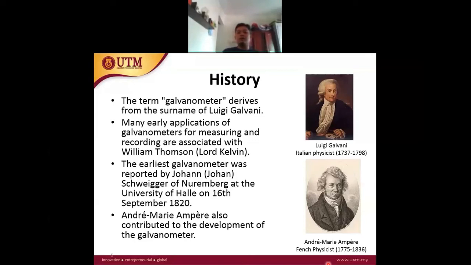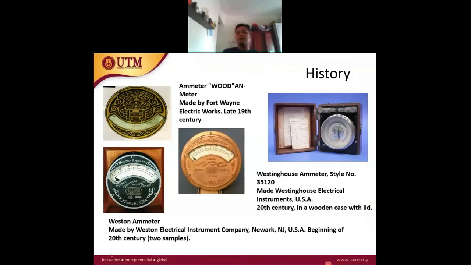And of course, these physicists used the device developed by the previous people, called a galvanometer, to prove the concept of current flow in a circuit. So this is the history. I don't want to go into that.